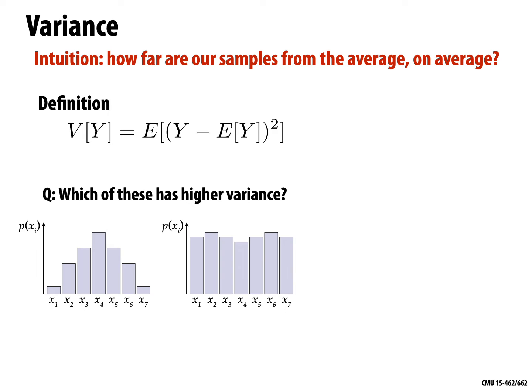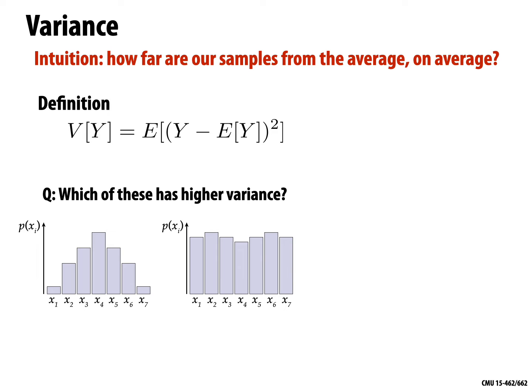Likewise, in this case, when we see that one of the probabilities is really big on the left, x4, and the other ones are pretty small, what that tells you is the random variable is going to tend to be close to that average value. It's going to be close to x4. It's going to be really uncommon that it deviates a lot and takes the value x1 or x7.